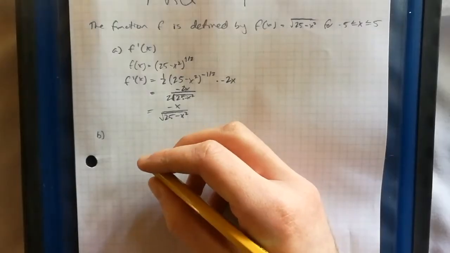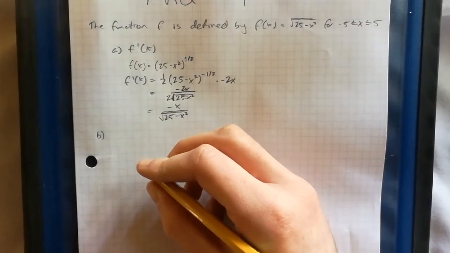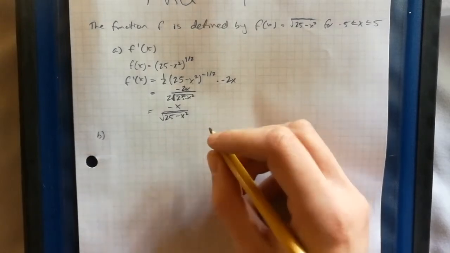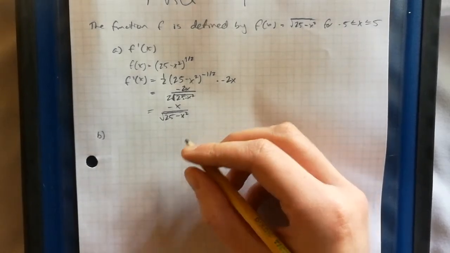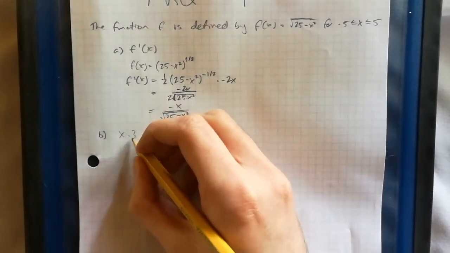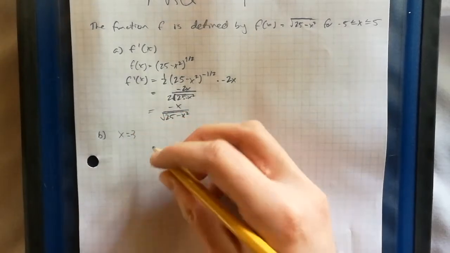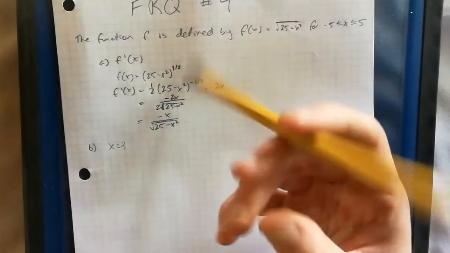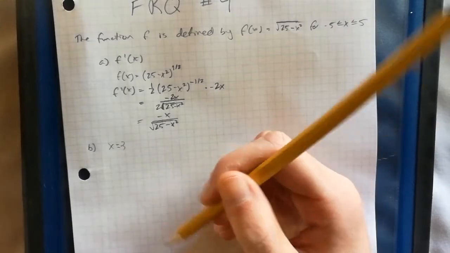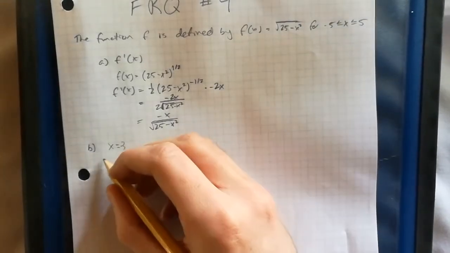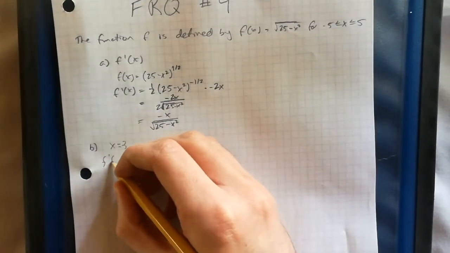Question B asks you to write the equation for the tangent line on this equation at the point x equals -3. The first thing you do in this problem is find f prime of -3.